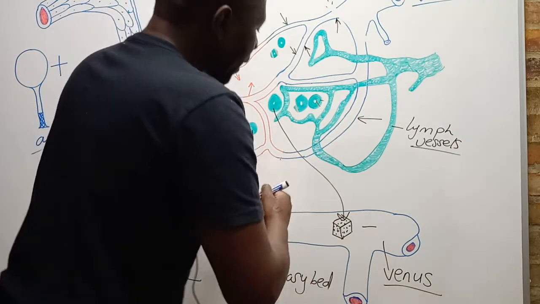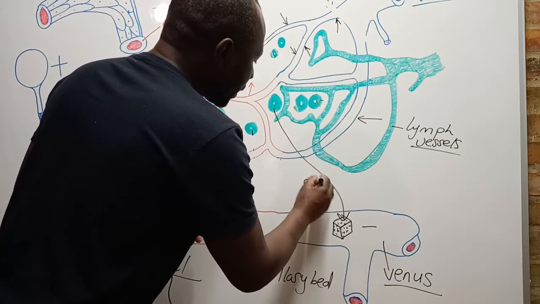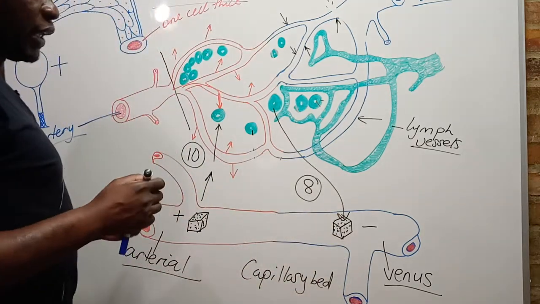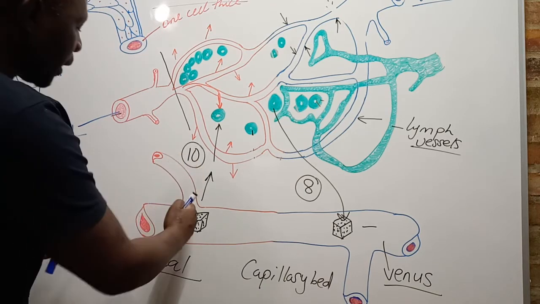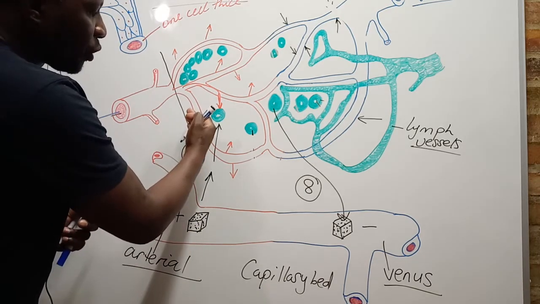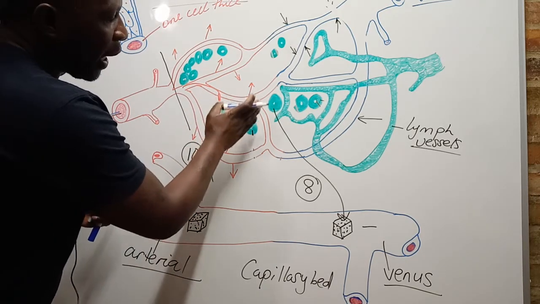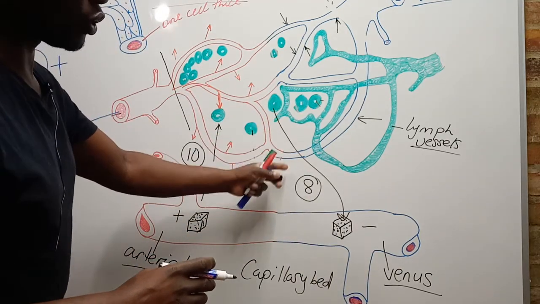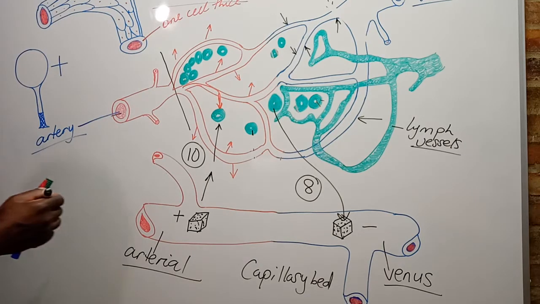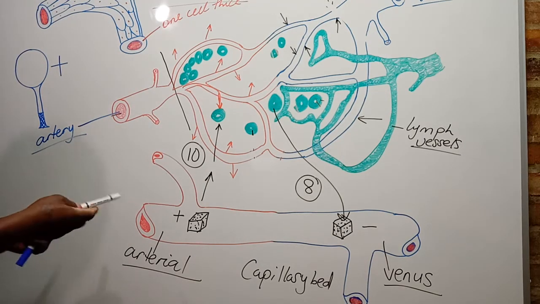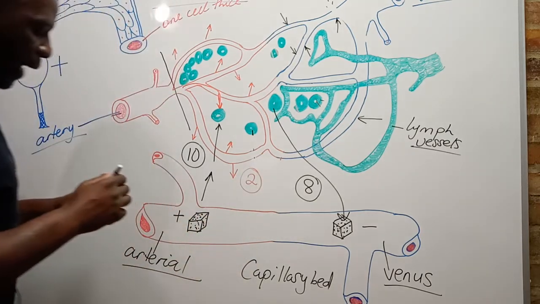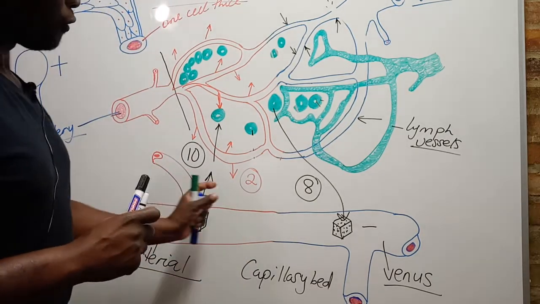So this side, let us say we have got 8 particles that have come to the venous side. So 10 particles have entered the body cells and 8 particles have been discharged, okay, from the body cells to the venous. So we still have a deficit of 2. There is 2 extra particles of fluid.